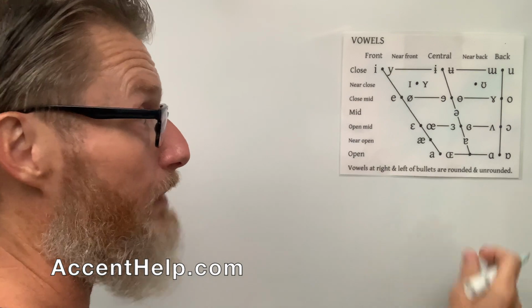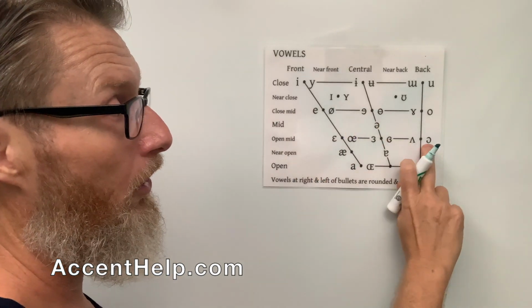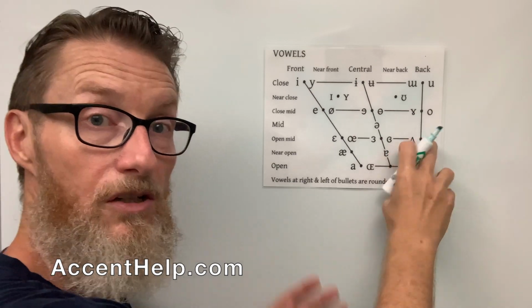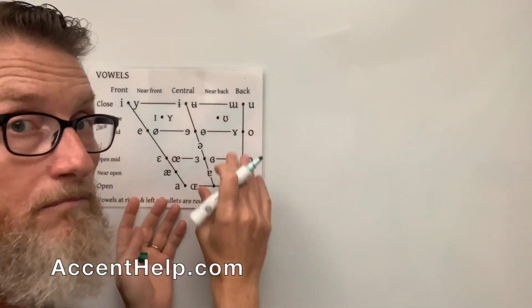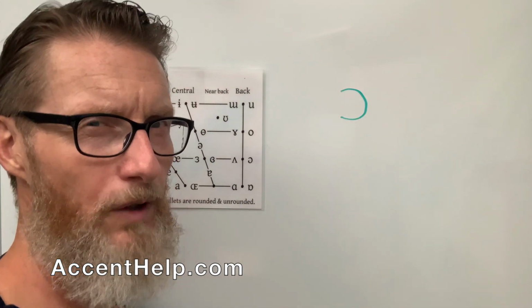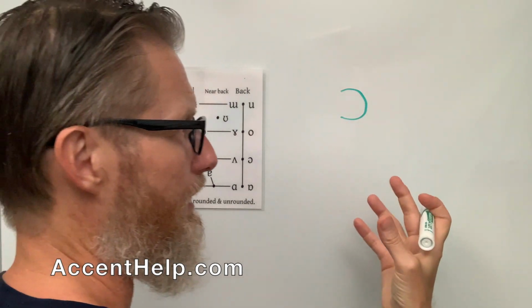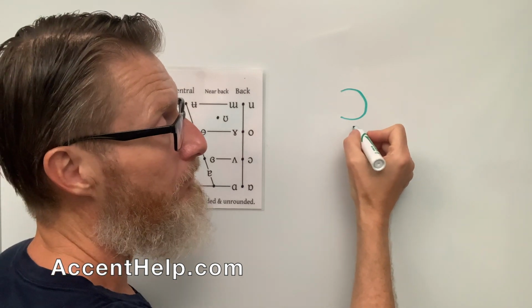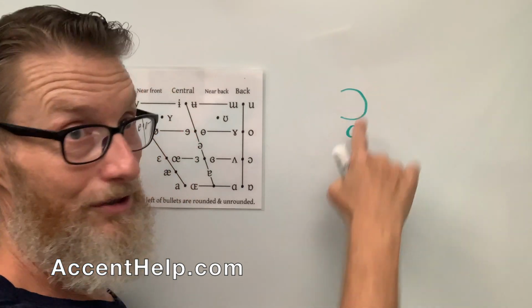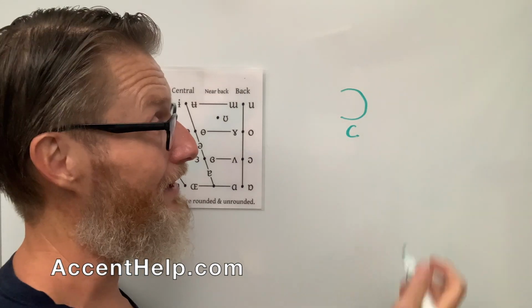It's additional lip rounding or reduced lip rounding. So for example, for Americans, the aw sound as in thought, or for most Americans as in cloth, the way that most Americans actually say that, which is this open O, as it's called, which looks like a backwards C, is that most Americans do this little diacritic. So notice I'm just putting a little C underneath it.